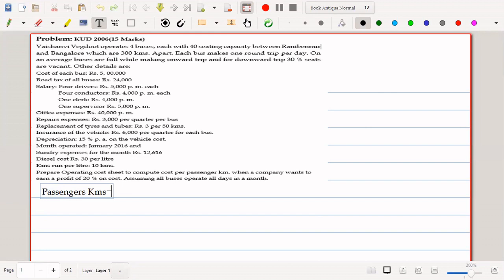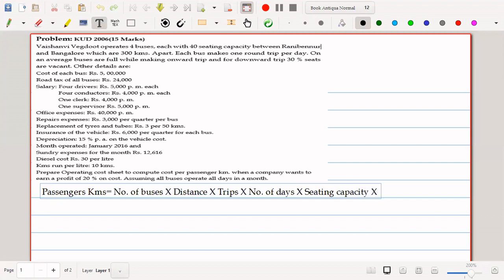The formula for passenger kilometers is equal to number of buses into distance into trips into number of days into seating capacity, and finally percentage of seats occupied.